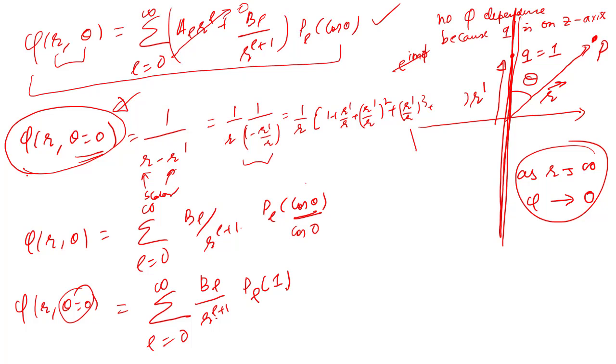Because cosine 0 is equal to 1, we can find out what this P_L of 1 is from the generating function.